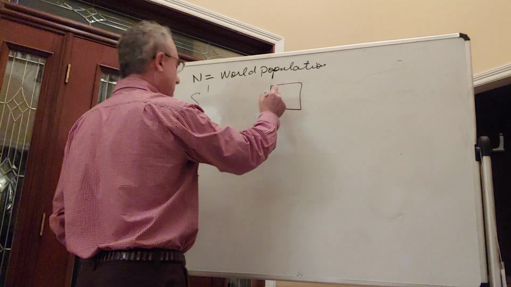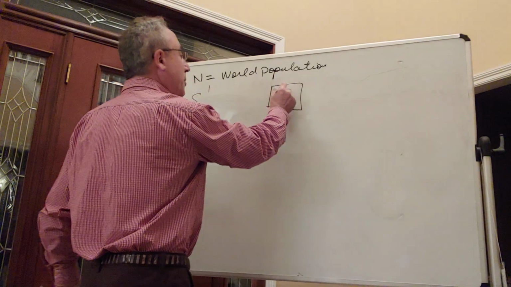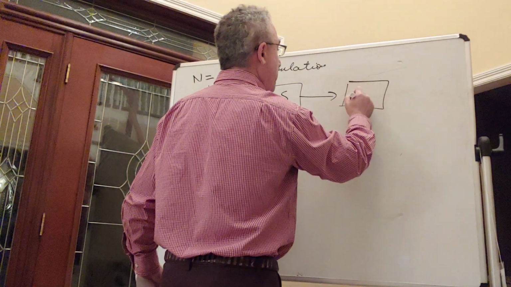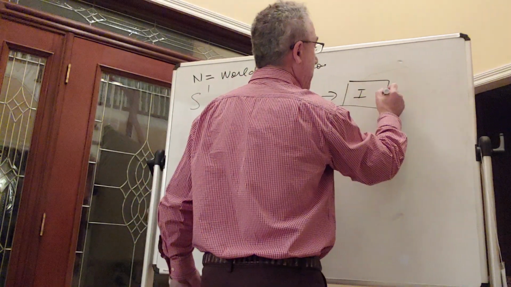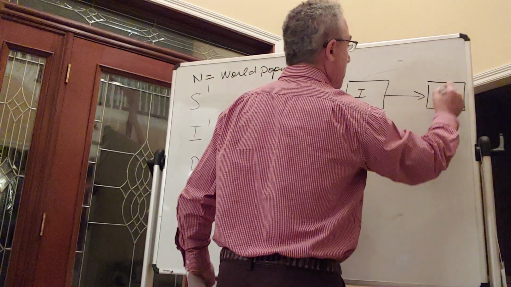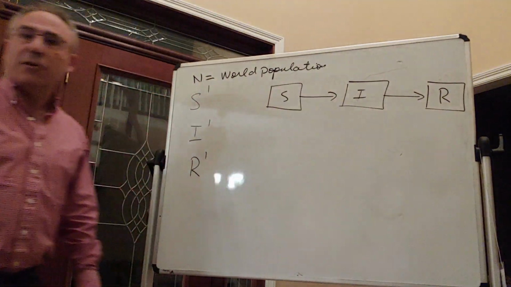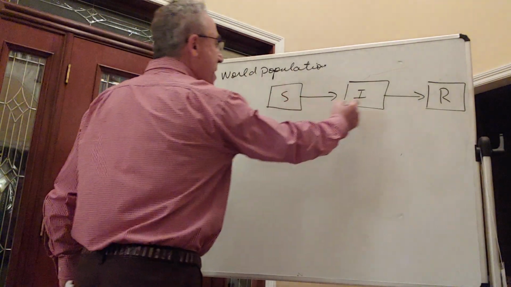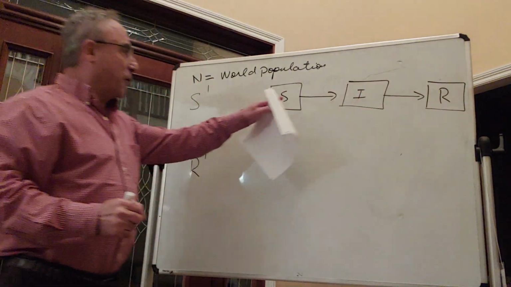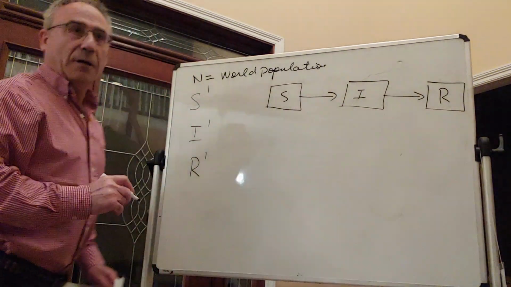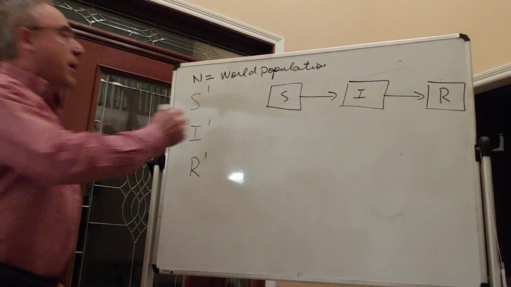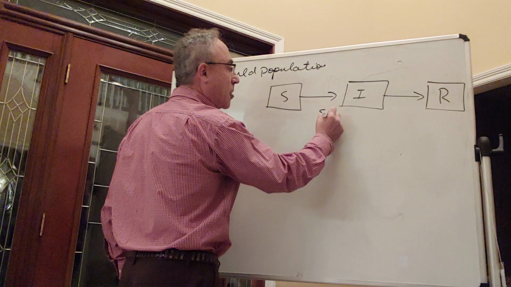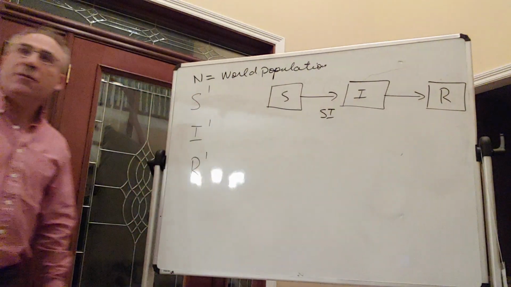People who are susceptible go into infected, and they go into removed from the population. To go from susceptible to infected, you have to have a contact. The contact is SI between the two.